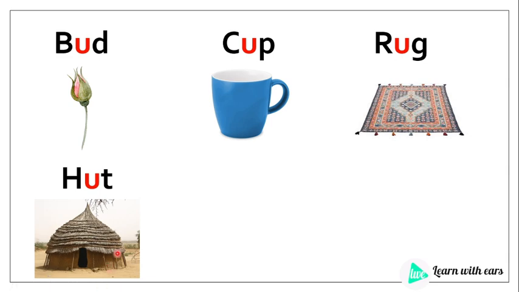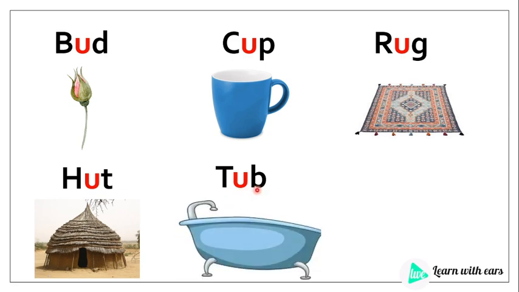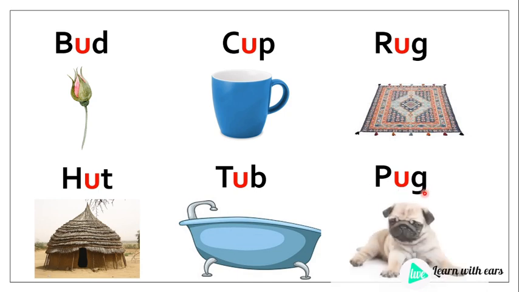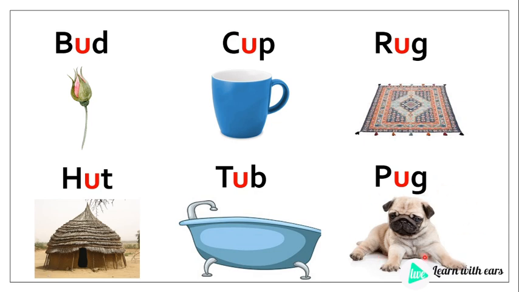It's a hut. T, ub, tub. It's a tub. P, ug, pug. It's a pug.